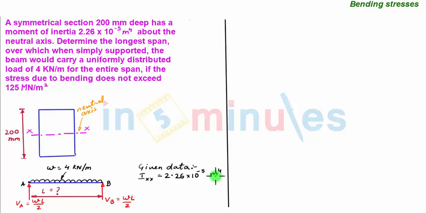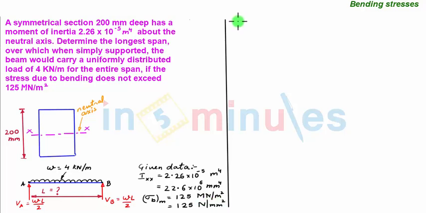If we convert it into mm^4, we have 22.6 × 10^6 mm^4, so we multiply it by 10^12 to get this in mm^4. Also, the maximum bending stress must not exceed 125 MN/m². So sigma B max is equal to 125 MN/m². This is nothing but megapascal, so we can write it as 125 N/mm², since 1 megapascal is equal to 1 N/mm².